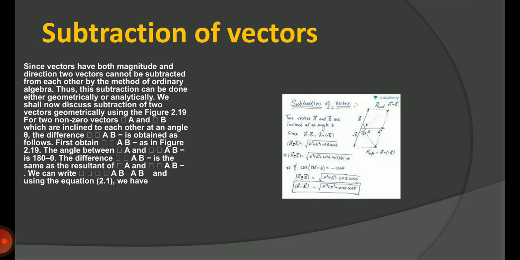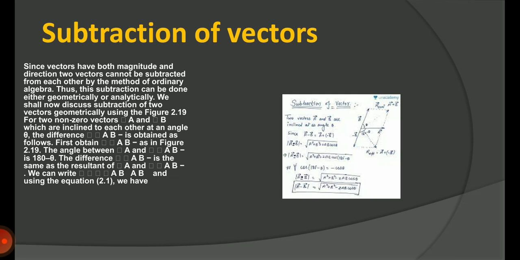For two non-zero vectors A and B, which are inclined to each other at an angle theta, the difference A minus B is obtained as follows. First obtain negative B as in the figure. The angle between A and negative B is 180 minus theta. The difference A minus B is the same as the resultant of A and negative B.